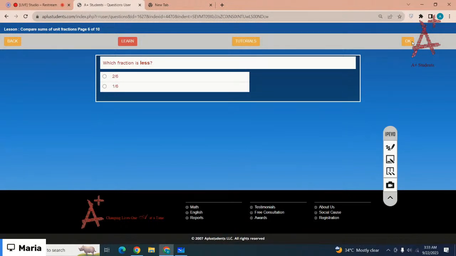Which fraction is less? 2 by 6, 1 by 6. So which is less? Very good. 1 by 6 is less than 2 by 6.